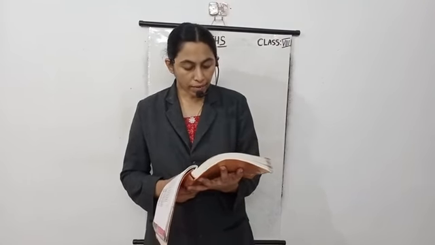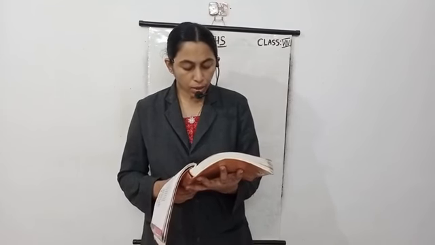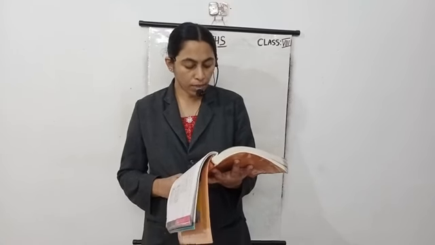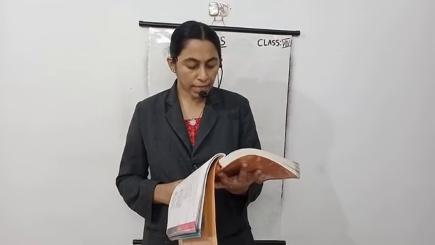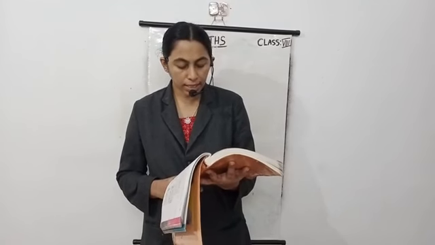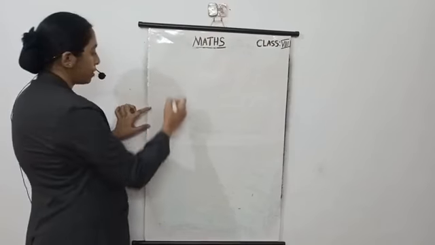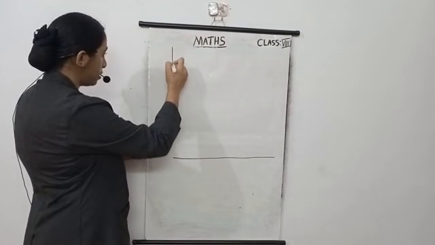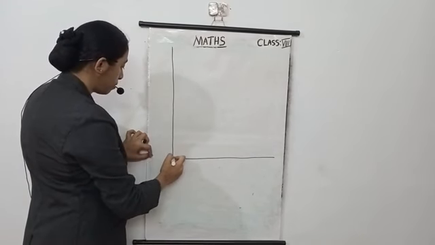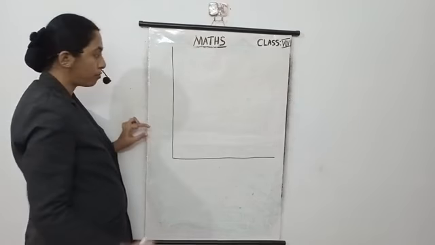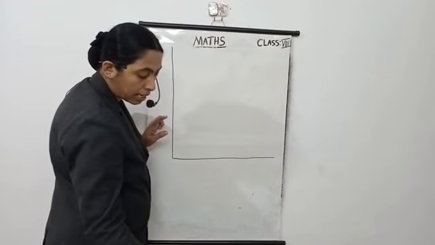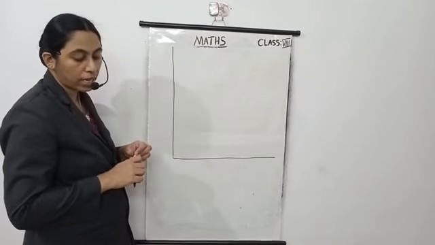Now question 5. Use the tables below to draw line graphs. Here we are going to draw line graphs. First is the number of days a hillside city received snow in different years. First draw the x-axis and y-axis, the same as for a double bar graph or bar graph. On this side we take the number of days. Here the given values are 8, 10, 5, 12.